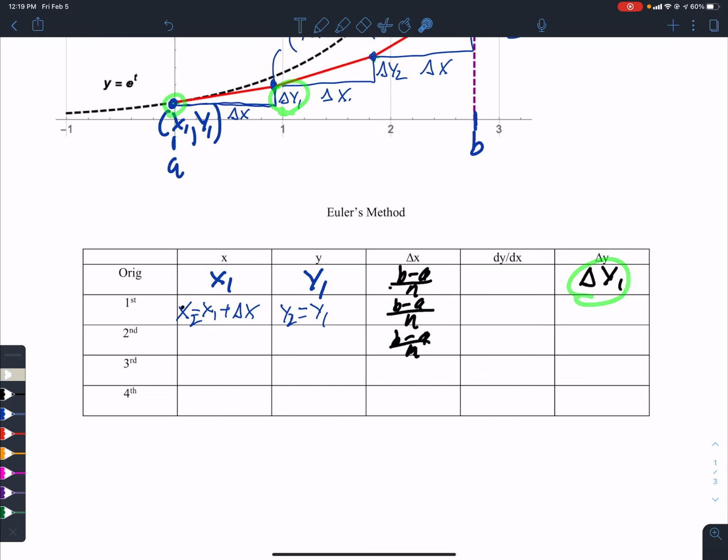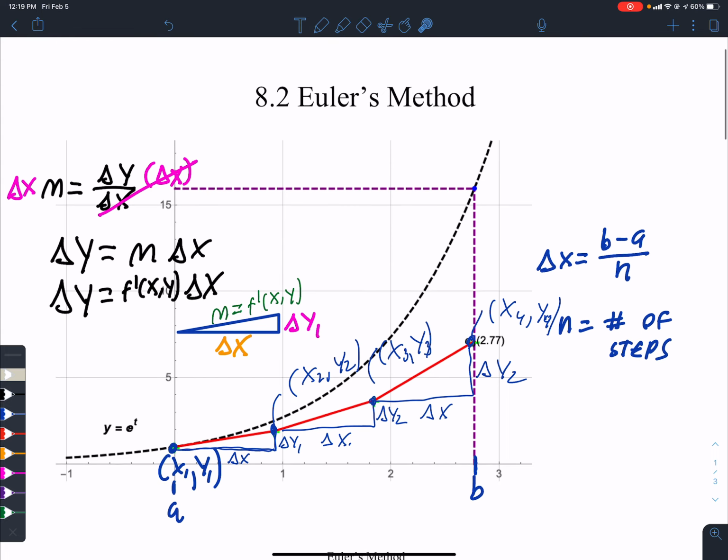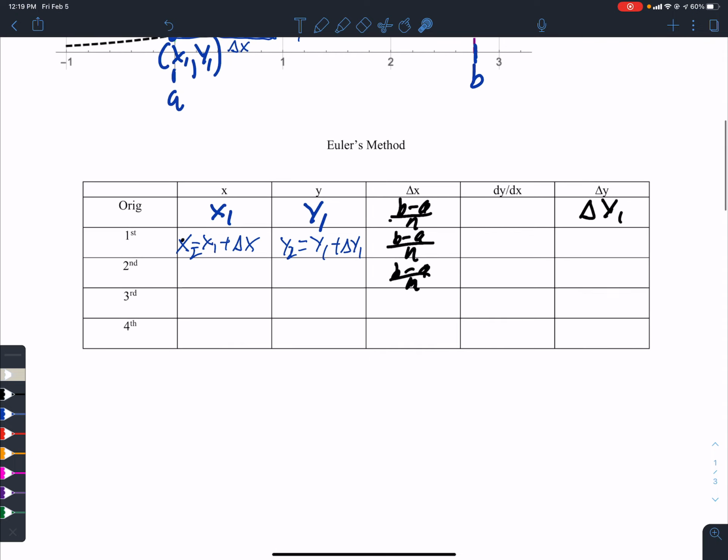I'm going to add that. Well, as you can see now, we have a new x and a new y. We repeat this process and we get the next one. Repeat the process and we get the next one. So that is the idea behind Euler's. And I'm going to do one example for you with hard numbers, and hopefully this will all make sense to you.